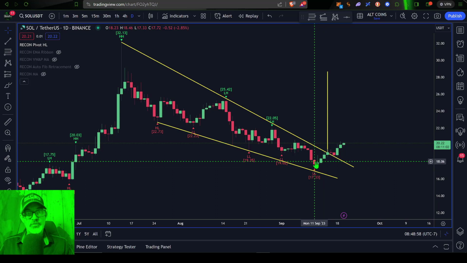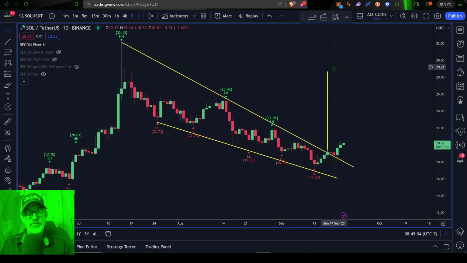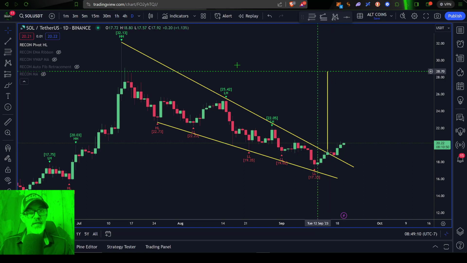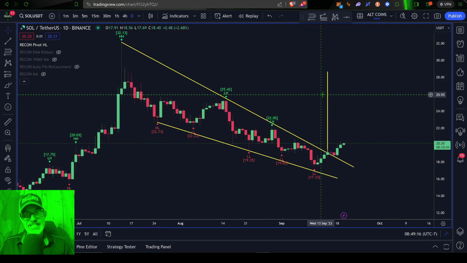And in last week's video, I had pointed out that if SOL broke out through the top side, our price target for SOL to pump up to would be clear up here at around 28.70, and that would correspond with the top of these wicks back here. However, there would be a whole lot of resistance for the price of SOL to get to.